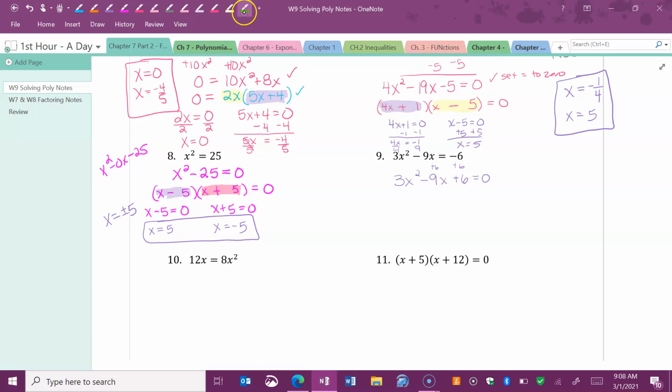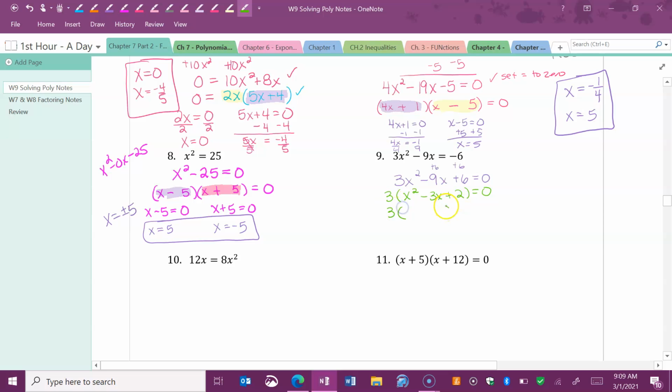The first question we always ask ourselves is, is there a greatest common factor? And there is, and that greatest common factor is 3. I can divide out 3 from 3x squared, and I'm left with x squared. When I undistribute a 3 or take out a 3, dividing negative 9x by 3, I get negative 3x. And when I do 6 divided by 3, I get 2.